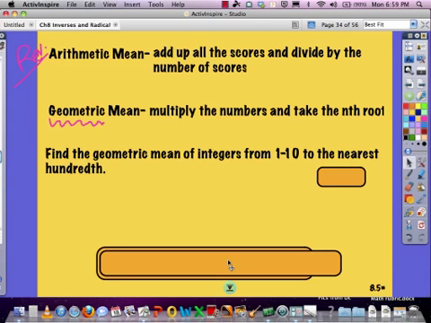So I have one here you can try, and it says, find the geometric mean of the integers 1 to 10 to the nearest hundredth. All right, so you're either going to multiply them in your head or with your calculator, and get going.